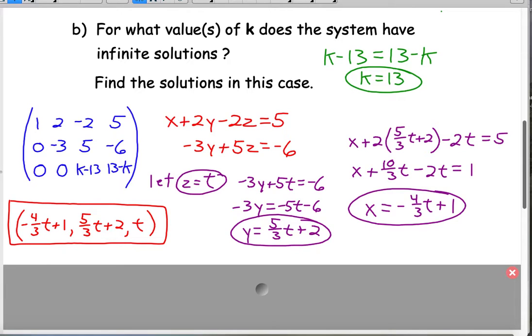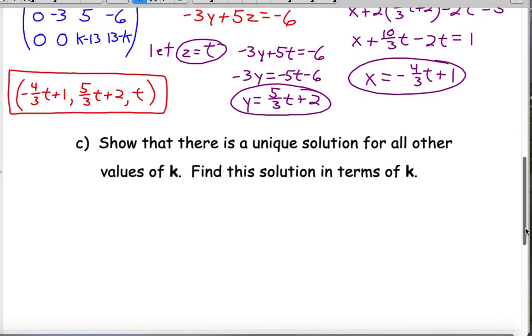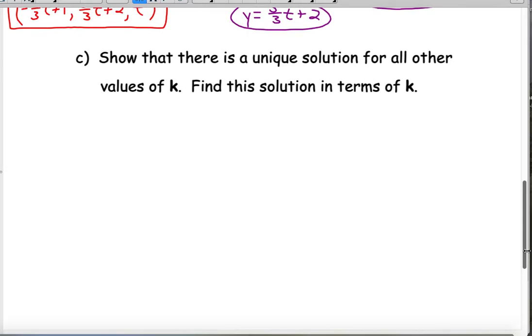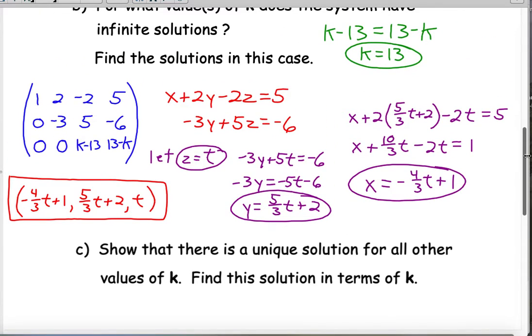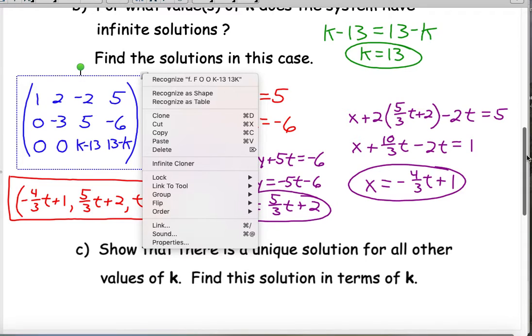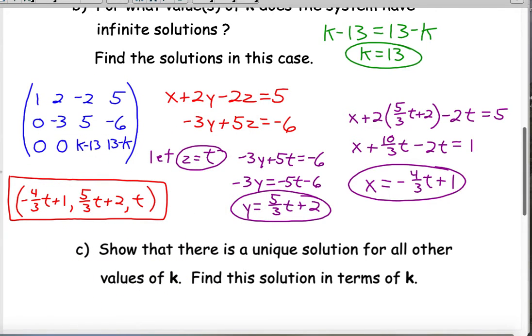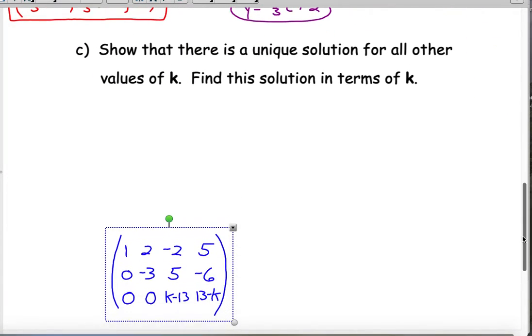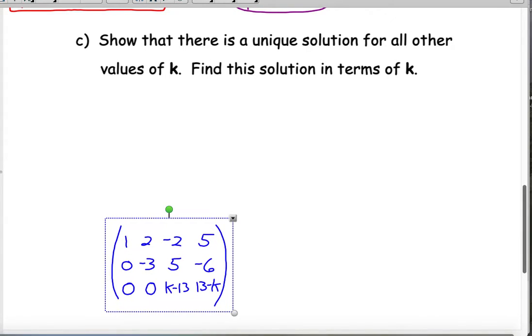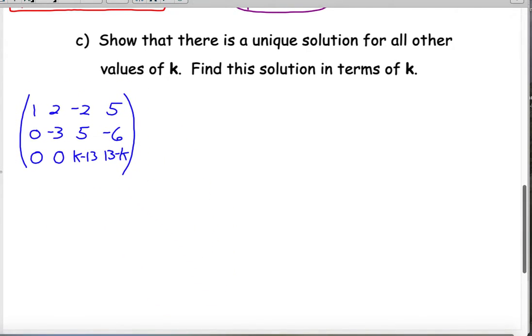Okay, so we got one more question. It says, show that there is a unique solution for all other values of k, and then find the solution in terms of k. So let me go back to this, copy this again. All right, so let me write this system out for what we have right now.